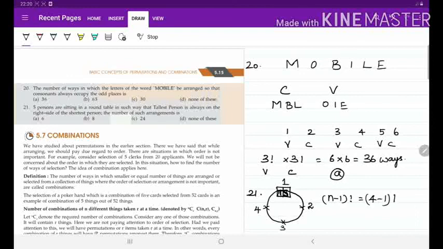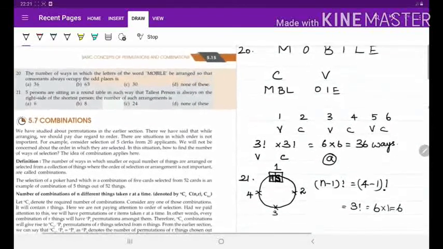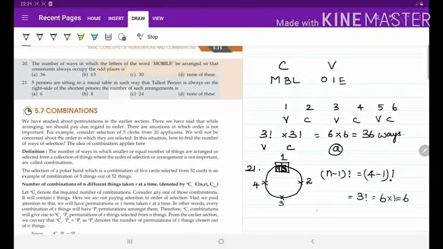So here 4 minus 1 factorial, which is equal to 3 factorial. Now the internal arrangement within the group T and S is not going to be altered because the tallest person is always sitting on the right of the shortest person, so it can be done in only one way. Therefore, the total number of arrangements is 6. Option A is the answer.